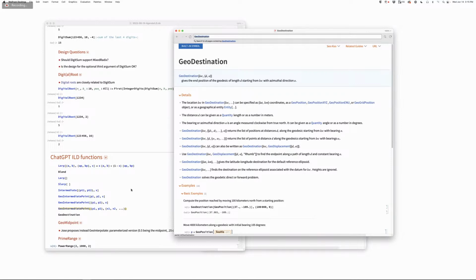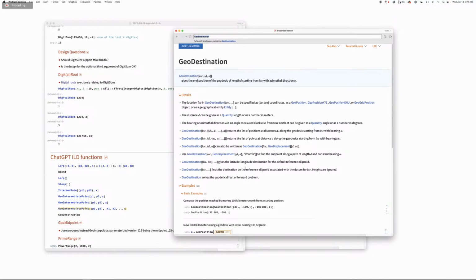Well, maybe they should be combined. But d is an actual distance here. It's not a fractional. Right. So I don't think that seems promising.